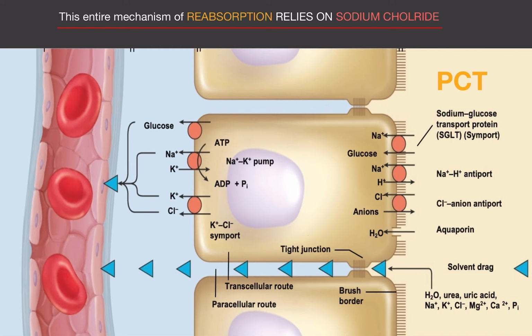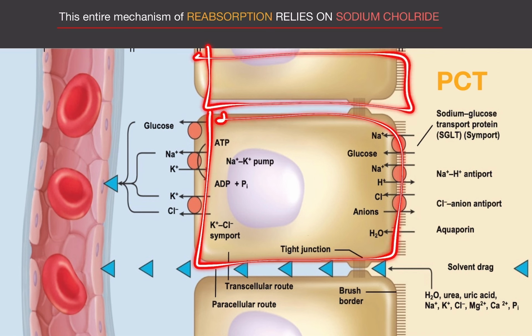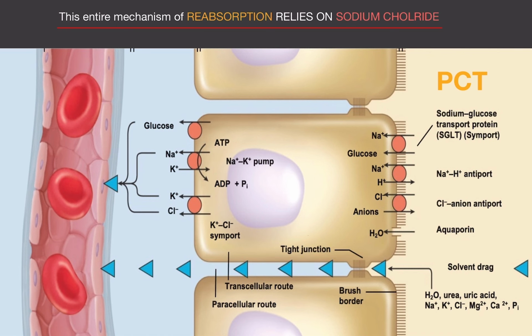Now the PCT is actually made up of epithelial cells, or cells. So the PCT is a tube made up of cells. So the outer layer of the actual tube is made up of cells. And the cells are here, these little box things. So this is the epithelium of the PCT. That's the second segment.